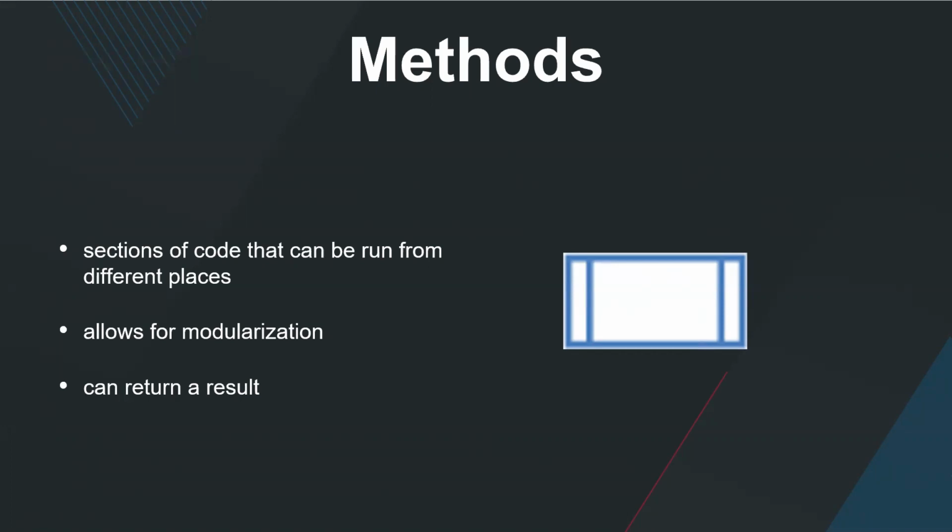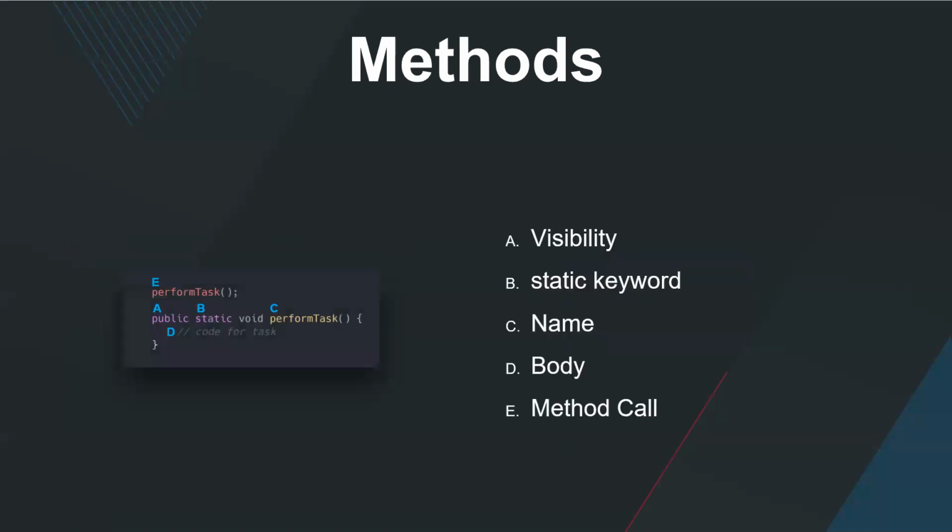From the main method, I don't need to know how that's done. I just know it gets done. And that's a cool way to do that. It makes it a lot easier to follow code. And you can also see from flowcharts, if you remember, the subroutine symbol is how you tell that it's a method.